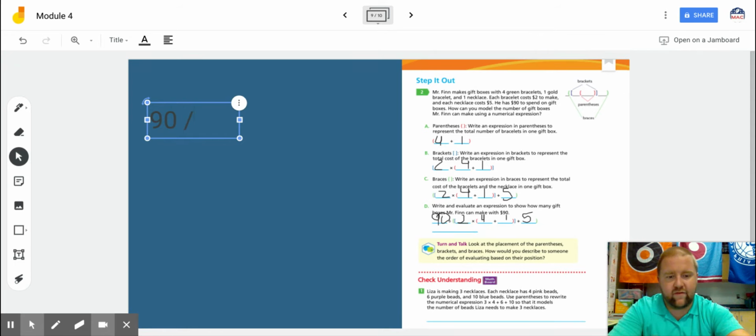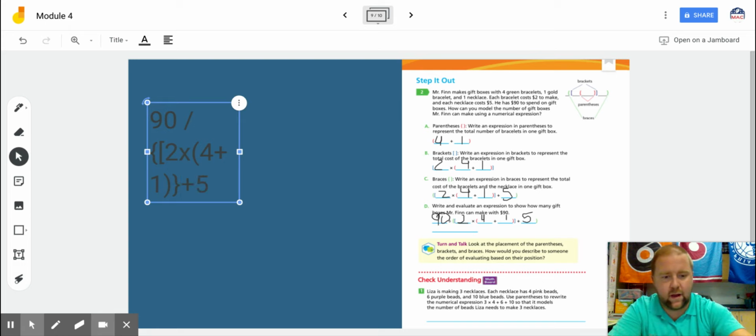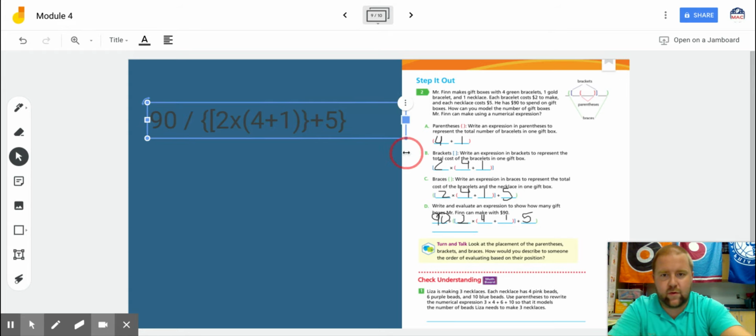Then we have a bracket and a brace, the number 2 times parenthesis 4 plus 1 parenthesis bracket plus 5 and then my brace.